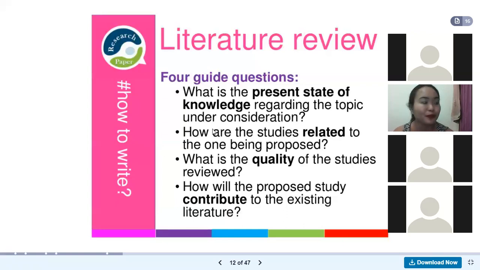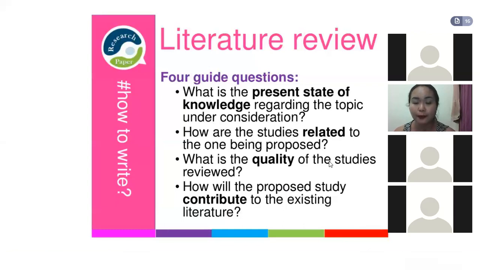Although we have previous pandemics, but it's not exactly the same as the COVID itself. So you cannot find any other references with that. So in your literature review, you can have related studies, but not exactly COVID.